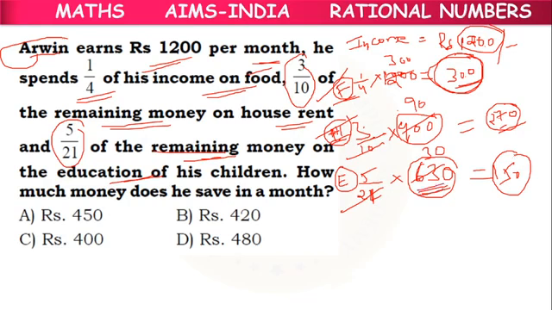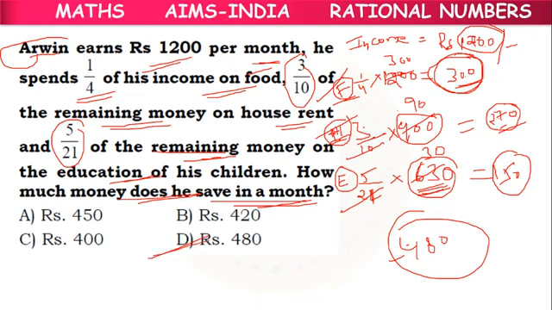Out of 630, 150 he is spending on education. So what will be remaining? 630 minus 150 is equal to 480 rupees. So the remaining money which he saves in a month is rupees 480.